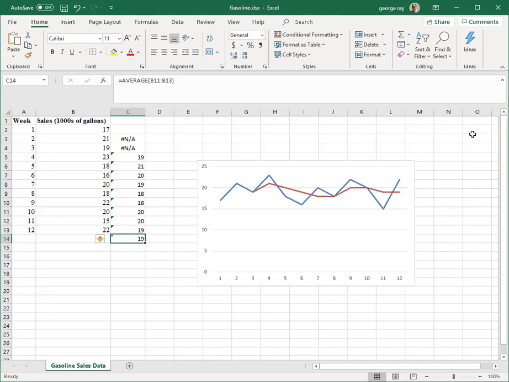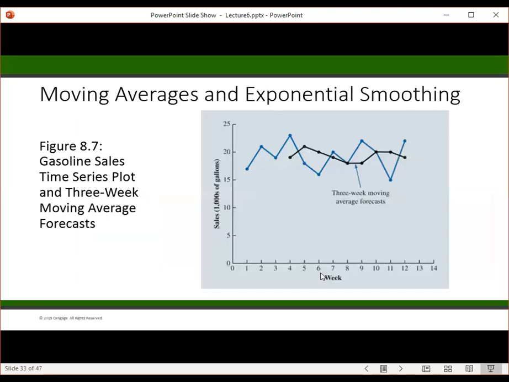Okay, now let's switch back. Okay, so we get this particular graph that we just saw, that we did in Excel.